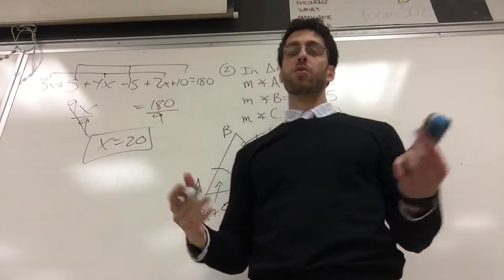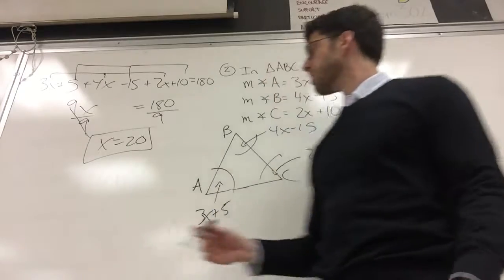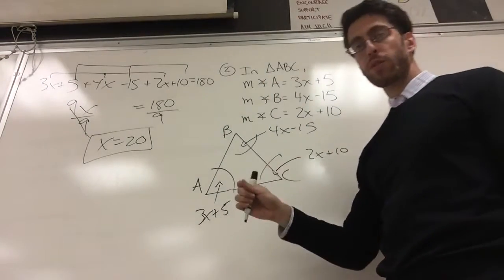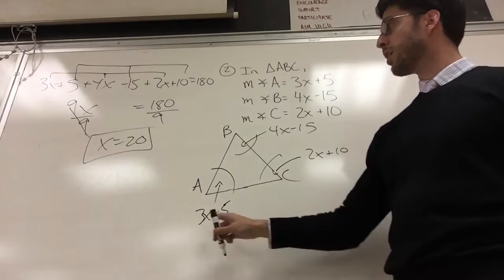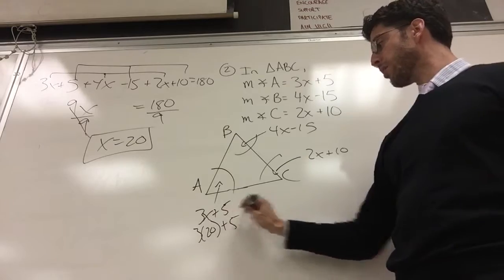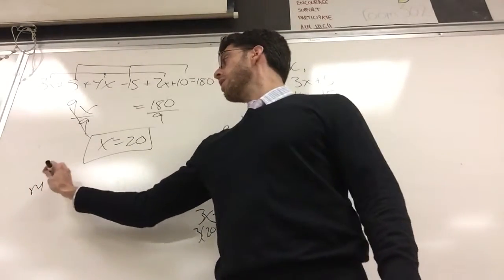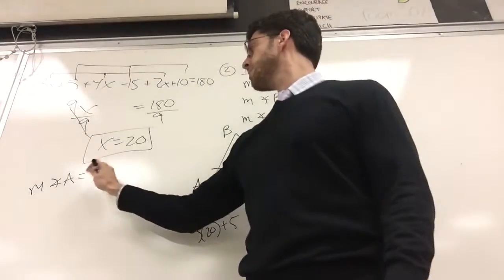Now the question might ask you something like, well, once you found x, what type of triangle is it? So I'm still not 100% sure. What do I do? Wherever I saw an x, I'm going to plug it in. So 3 times 20 plus 5, which means the measure of angle A is 65.